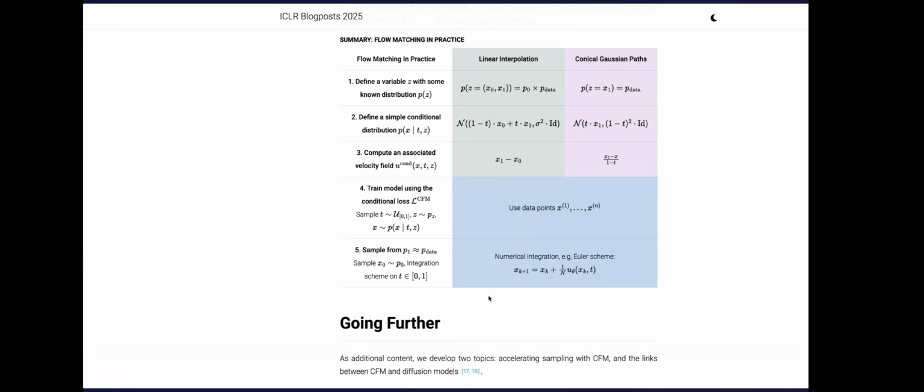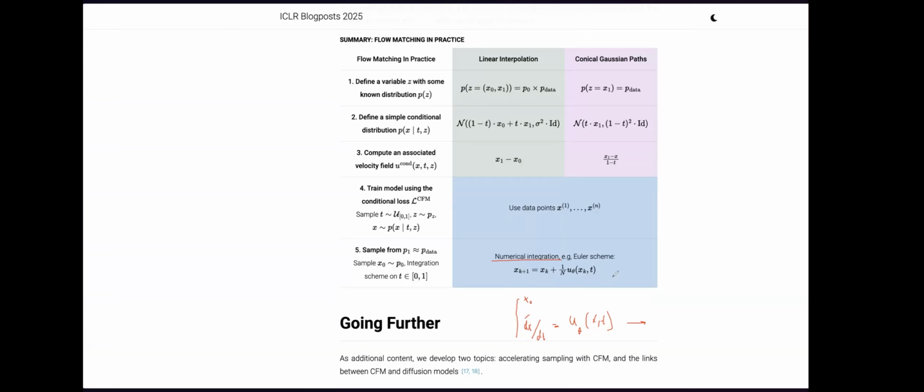Remember that if we had a model, we had to basically solve dx/dt is u of theta x and t, and we needed to integrate this. Instead of actually integrating it, we can replace it with a numerical integration called Euler's scheme, for example, which takes this now in time steps.